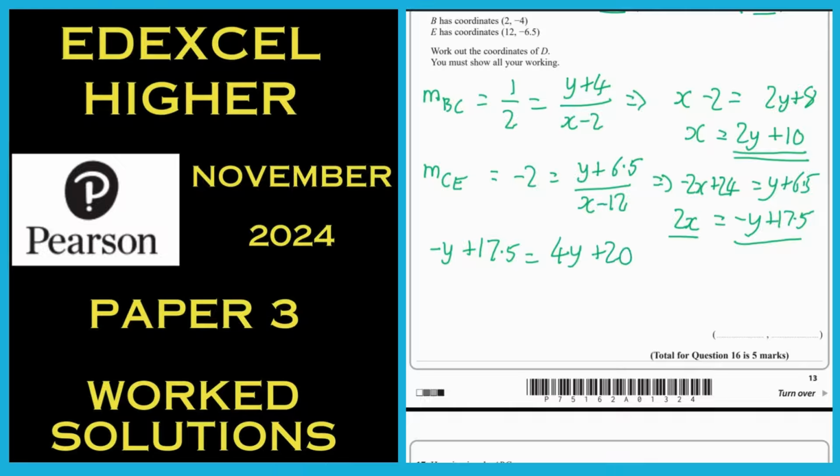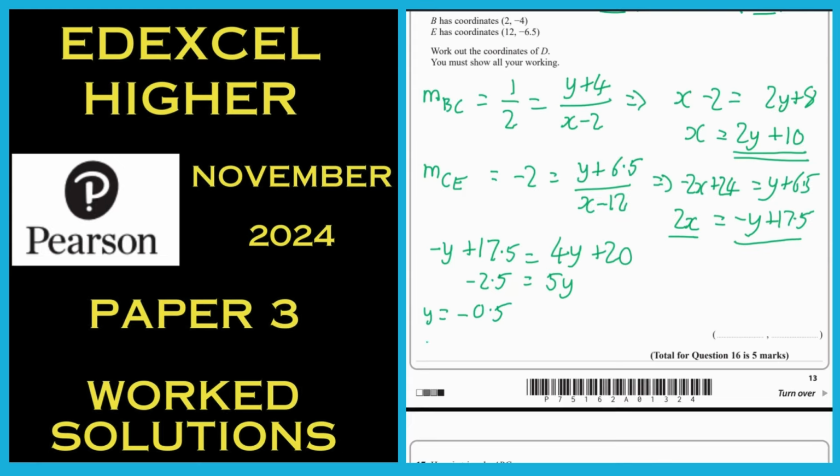We can now rearrange to find y. Adding y to both sides. Subtract 20 from both sides. Grab your calc if you need to, but we get y is minus 0.5.